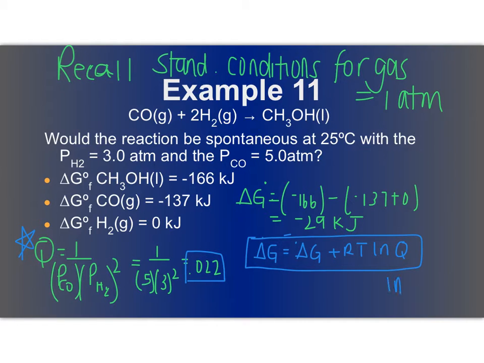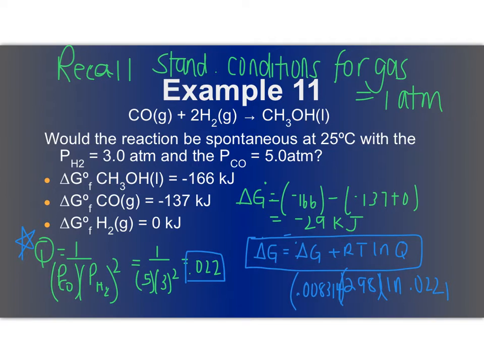So I'm going to pop that into this part of the equation. Of course, the temperature is going to be at 298 Kelvin, and I'm going to use an R value of 8.314. I'm actually going to change that to 0.008314 due to the fact that the delta G is going to be in kilojoules and the R value is in joules, so we do need to make that necessary adjustment.